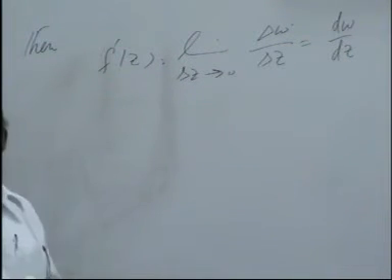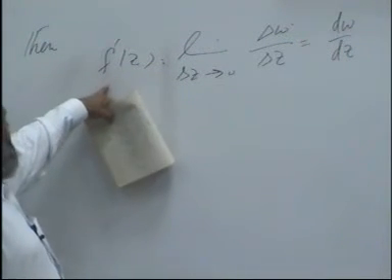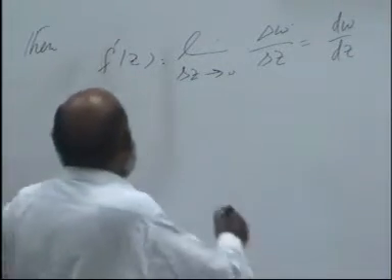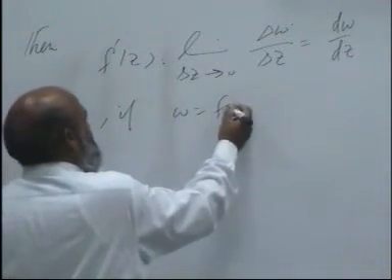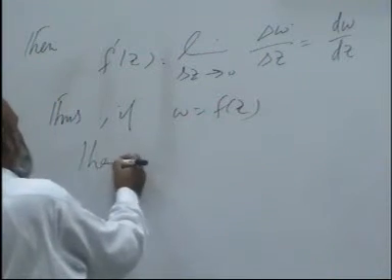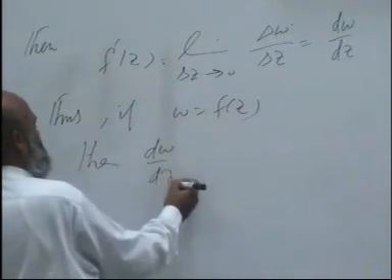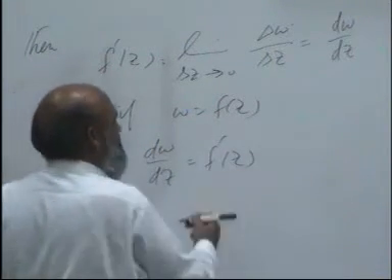This is just the definition. So if w is f of z, then dw by dz is nothing but the derivative.